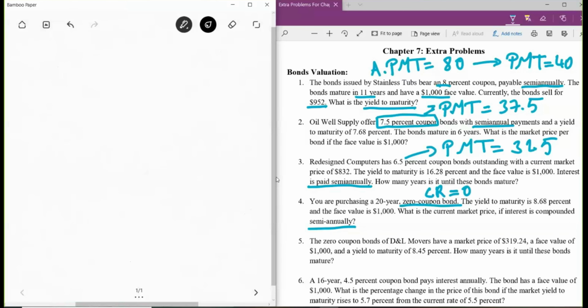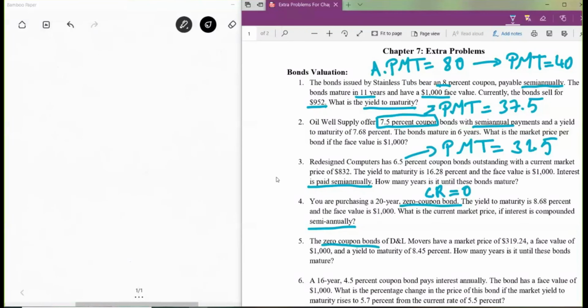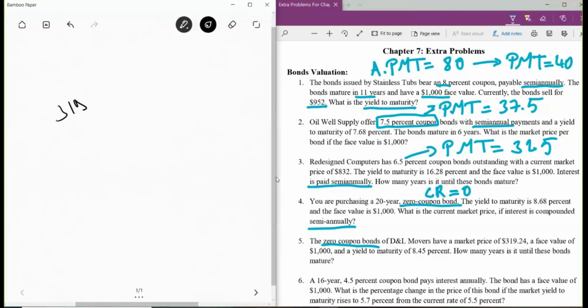Number 5, once again we have zero coupon bonds, a market price of 319.24. This is PV. The face value is $1,000.